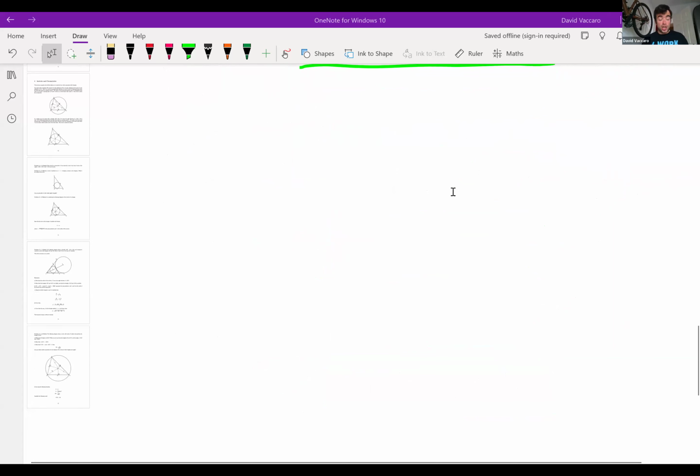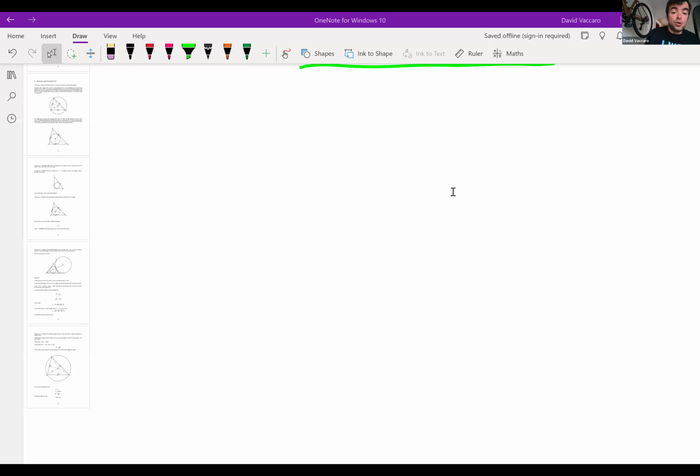The second construction that is on my sheet and the second construction that is on GCSE is the construction of an angle bisector.